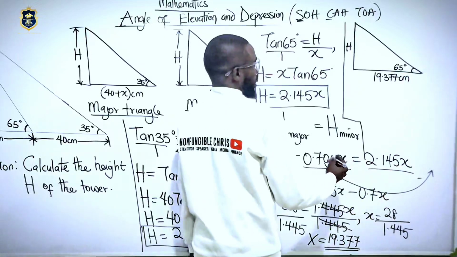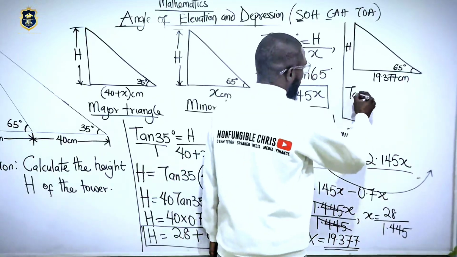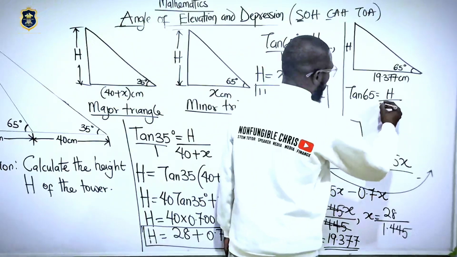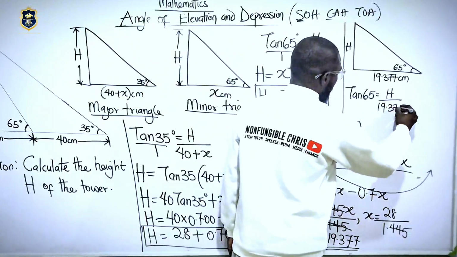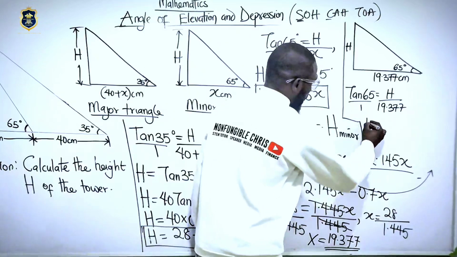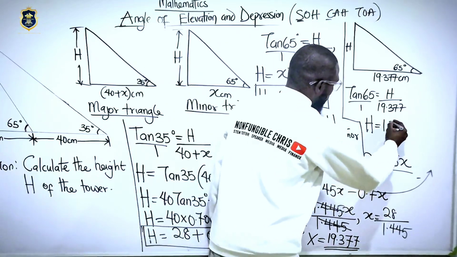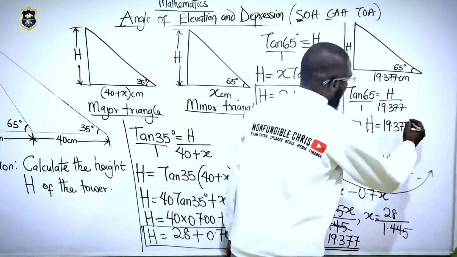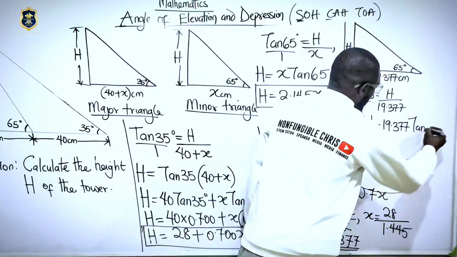centimeter. I can now safely do tan 65 is equal to h over 19.377. If I cross multiply, h is going to be 19.377 times tan 65.